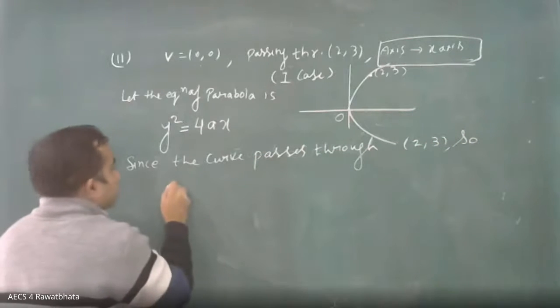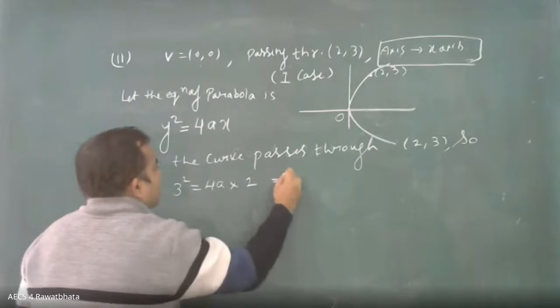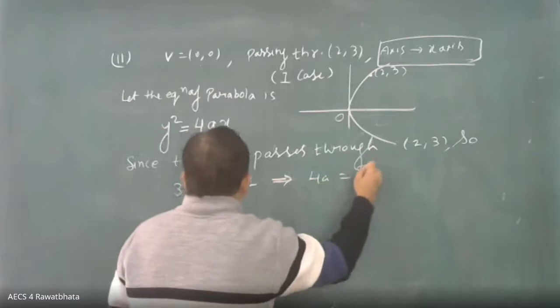So putting y equals 3 and x equals 2, this gives 4a equals 9 by 2.